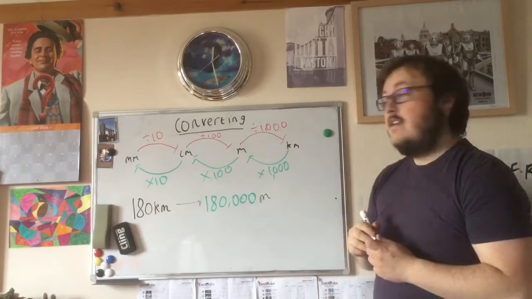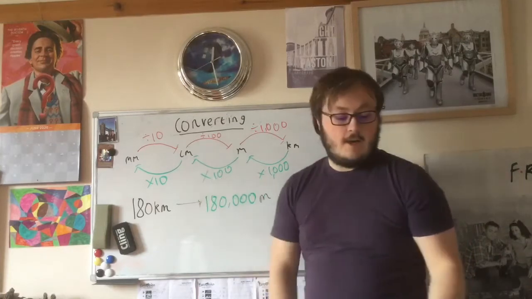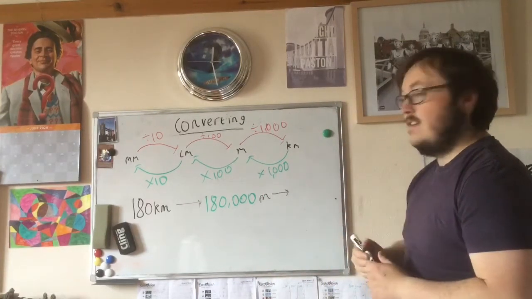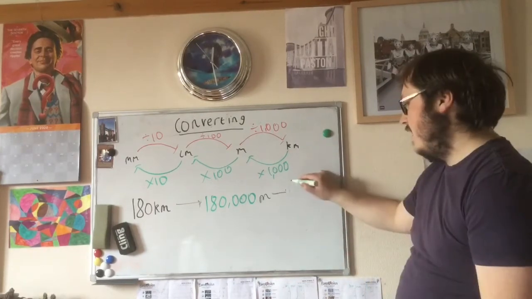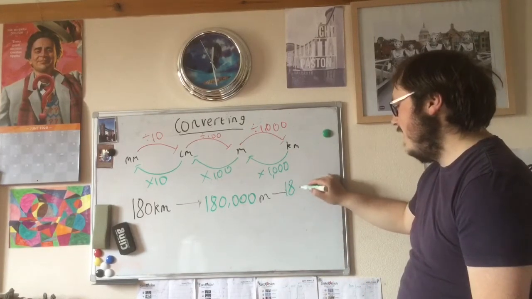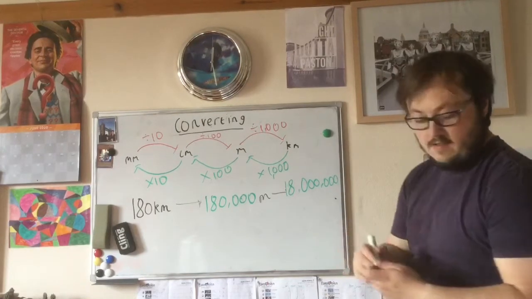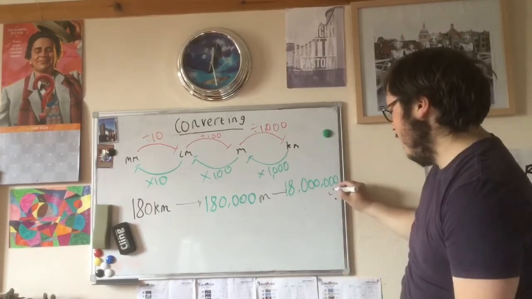Sorted. Now let's multiply it by 100 to find out what it is in centimetres. So you multiply 180,000 by 100, that will get us 18 million centimetres. Run out of space, so I'll put the centimetres down here.